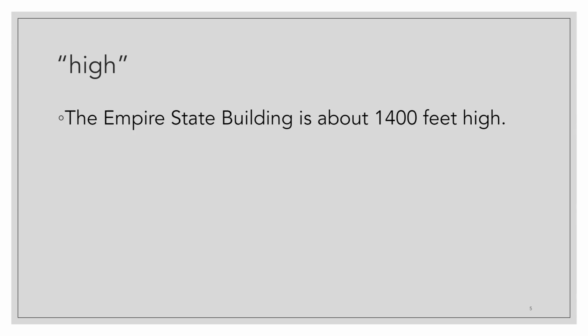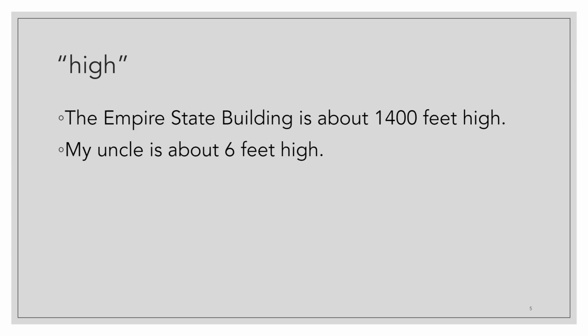In this case, high and tall are synonyms. But if I was talking about a person and said he's about 6 feet high, does that mean the same thing as 6 feet tall? And here we find a situation where it's not a synonym, right?